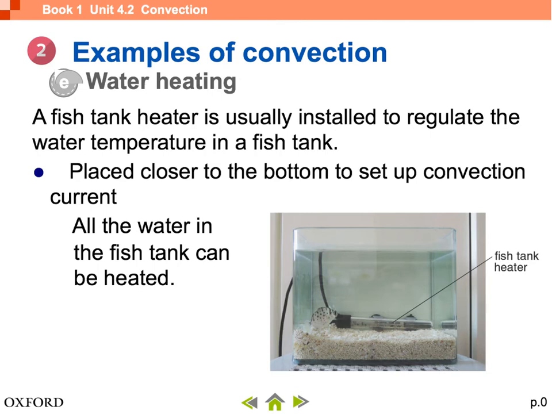Same as the previous example, a fish tank heater will also be installed at the bottom and not near the top of the fish tank. The reason is we want to form a convection current in a more effective way.